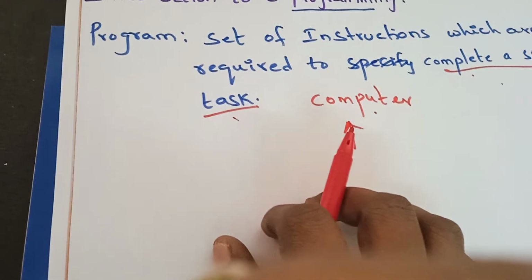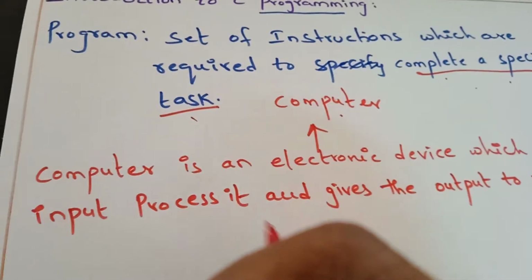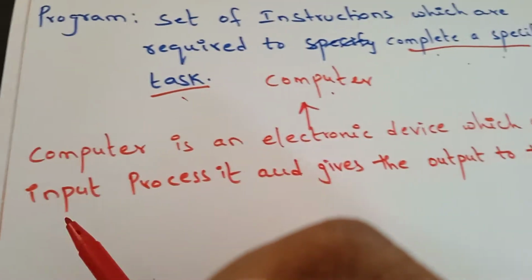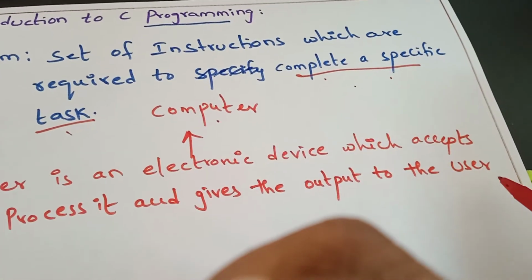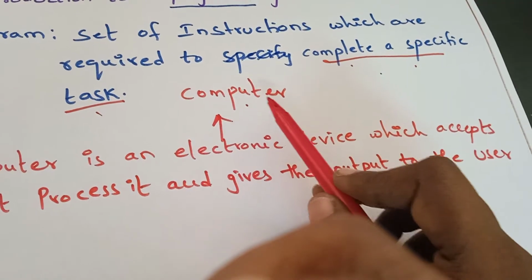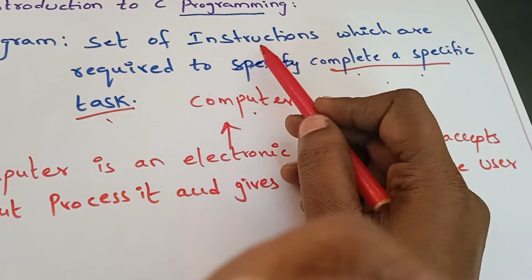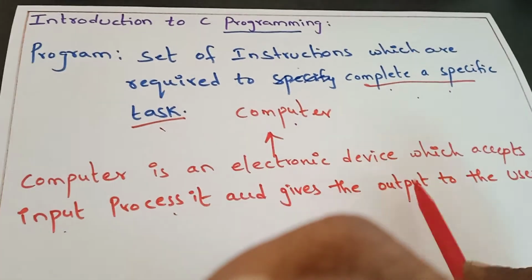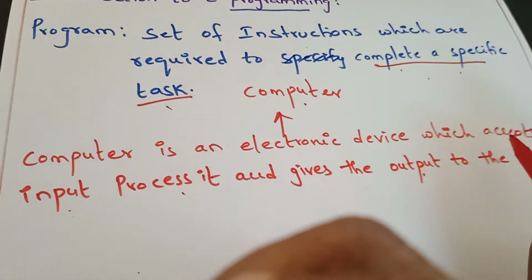A computer is an electronic device which accepts input, processes it and gives the output to the user. So our specific task will be given in terms of instructions, which is the input; the computer processes it and gives the output.